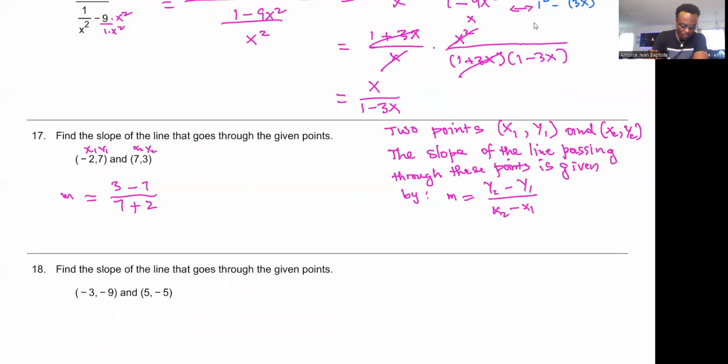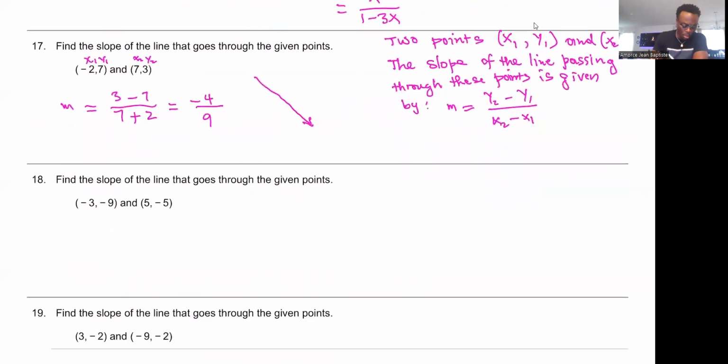And then now we simplify this as negative 4 over 9. We got a slope that is negative, negative 4 over 9. So that is a line that's going to go from left to right down. Goes down because the slope is negative.